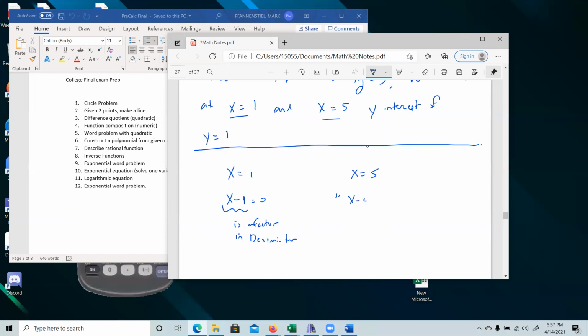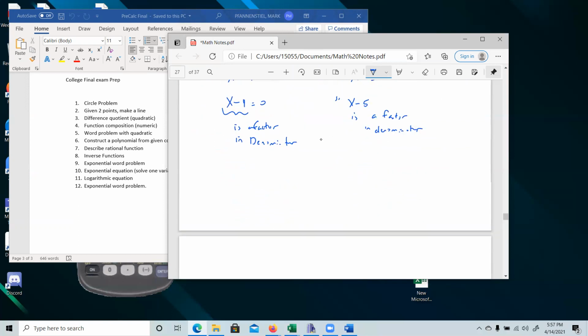So x minus 5 is a factor in the denominator. They didn't tell me there were other ones, so I'm going to assume that there aren't. Okay, so far, what we have for our rational function is y is equal to, I don't know what's on top just yet, but on the bottom we have x minus 1, x minus 5. Does that make sense?